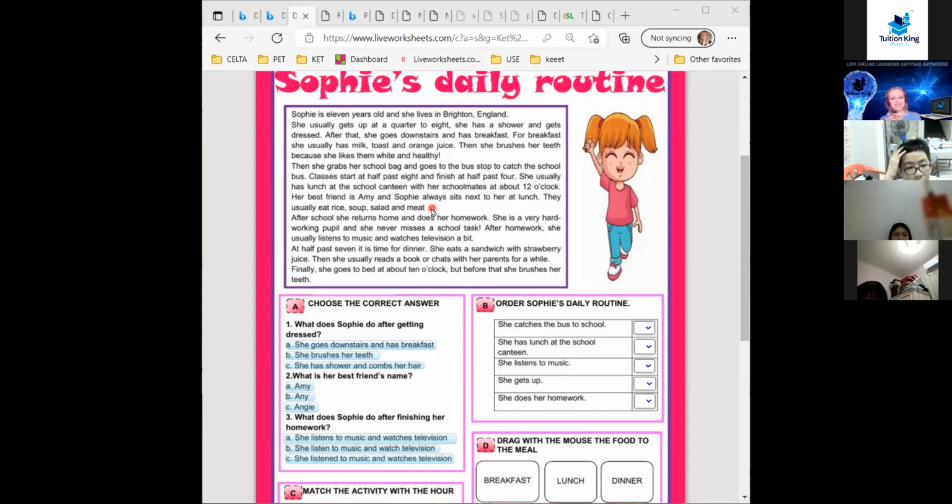Then she grabs her school bag and goes to the bus stop to catch the school bus. Classes start at 8:30 and finish at 4:30. She usually has lunch at the school canteen with her schoolmates at about 12 o'clock.